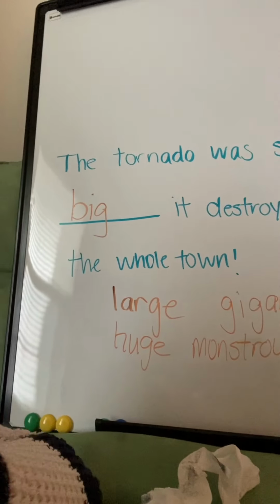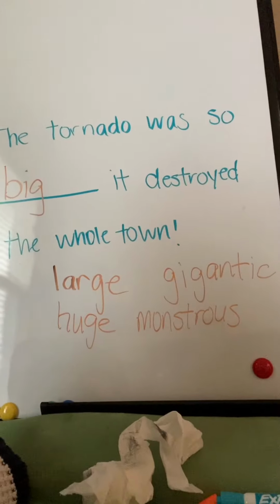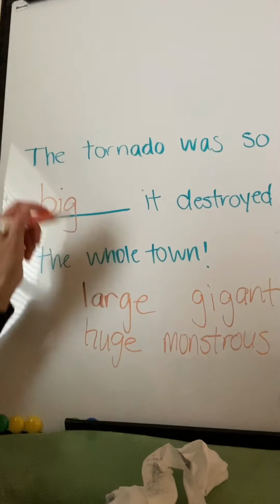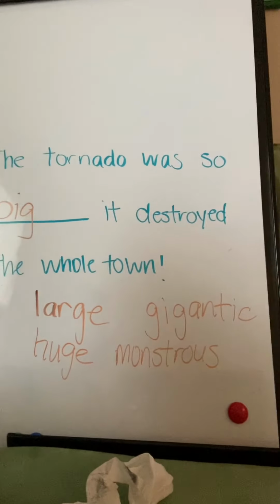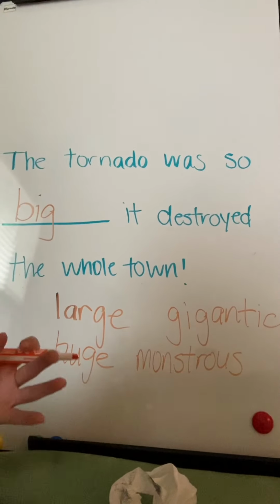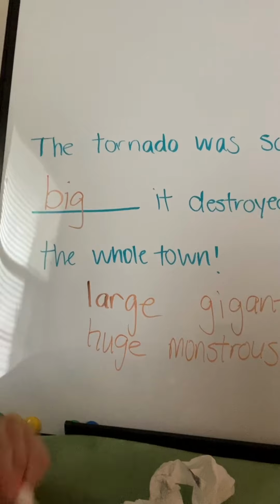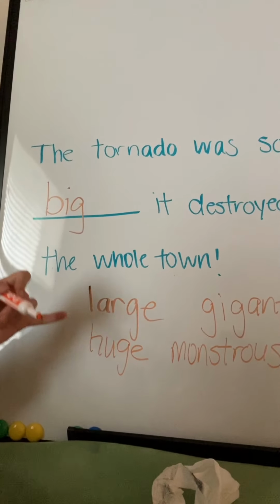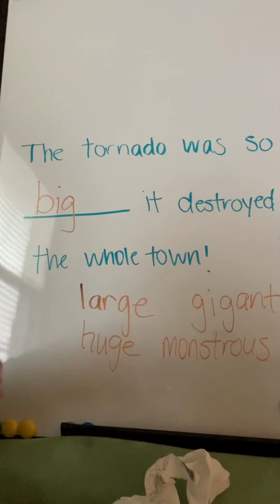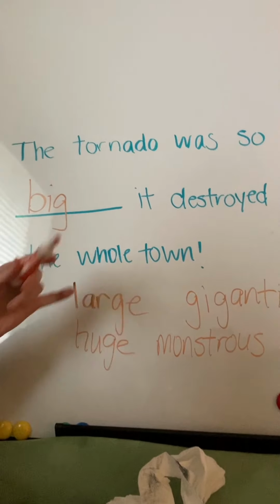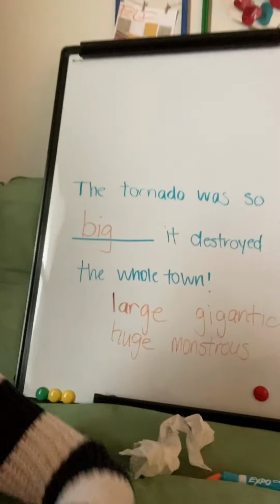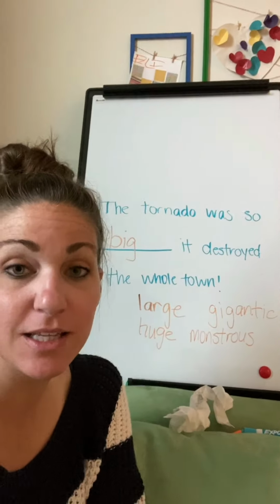Oh, humongous is another option as well. So all of these words are synonyms. They all mean the same thing, and they can all paint their own picture of what this tornado was like. So instead of big, if I wanted to make the word a little bit stronger, I would think of its synonyms: large, huge, gigantic, monstrous, or anything like that to make my sentence a little bit stronger.